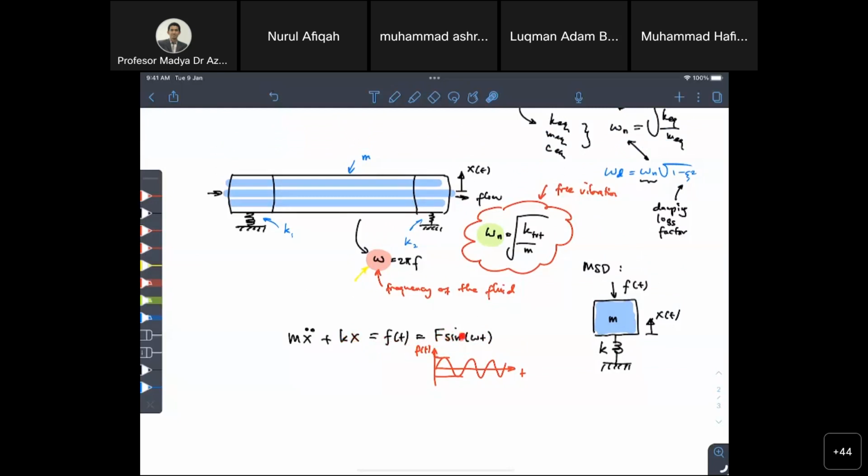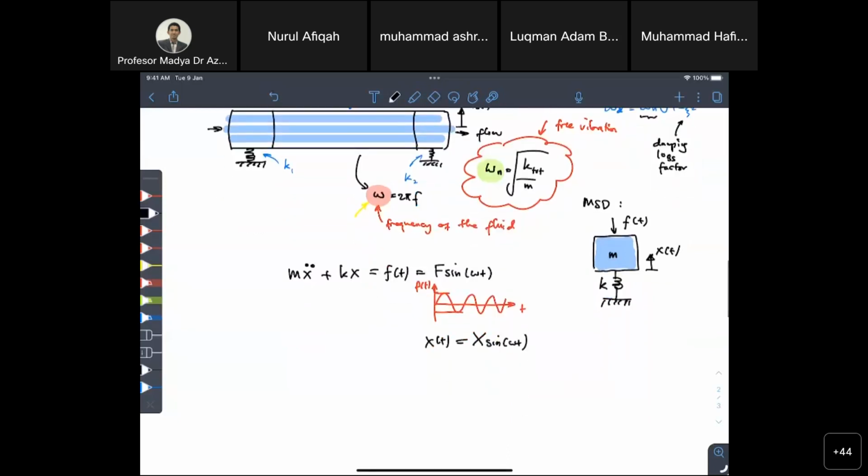So if the pipe is excited by the sinusoidal force, then the response, or the vibration of the pipe, will also be sinusoidal. So x(t) will also be sinusoidal. The structure will follow whatever excitation force is given to that structure. We are now clear with the physics.